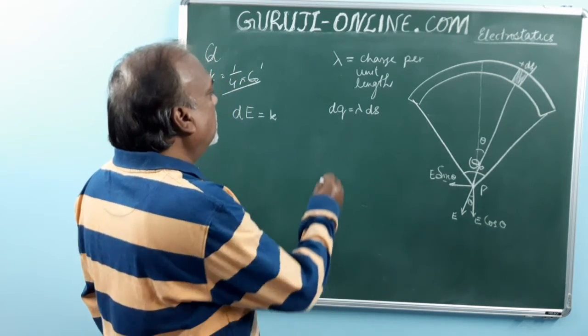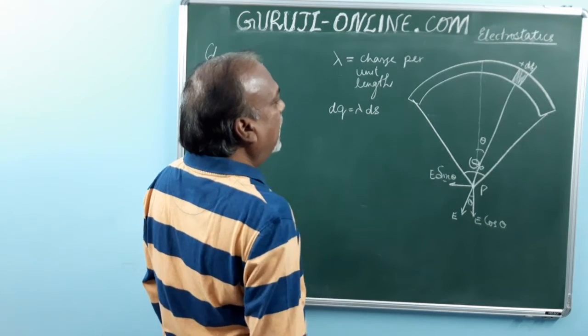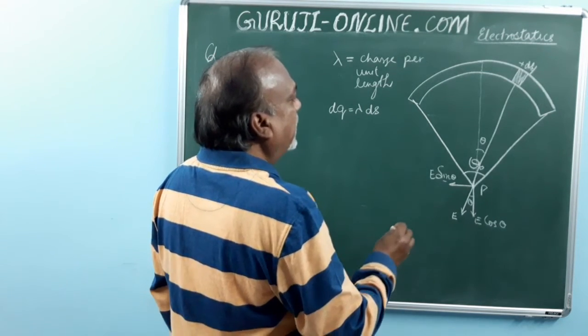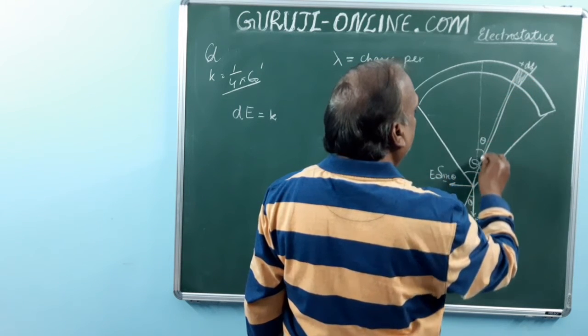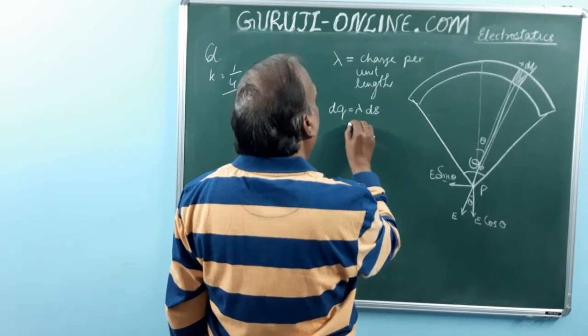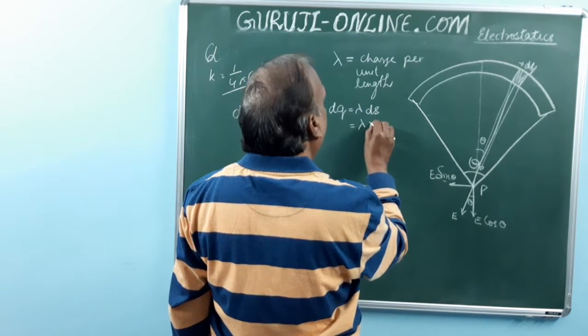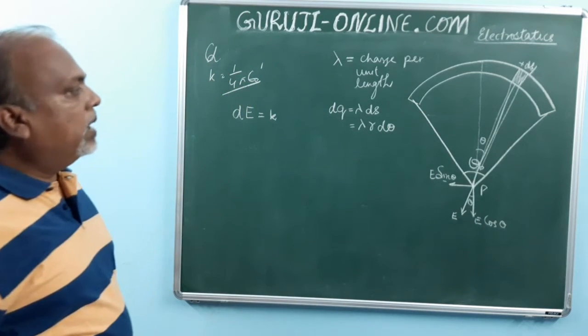So dq is nothing but lambda ds, and ds is nothing but r d theta. Correct?